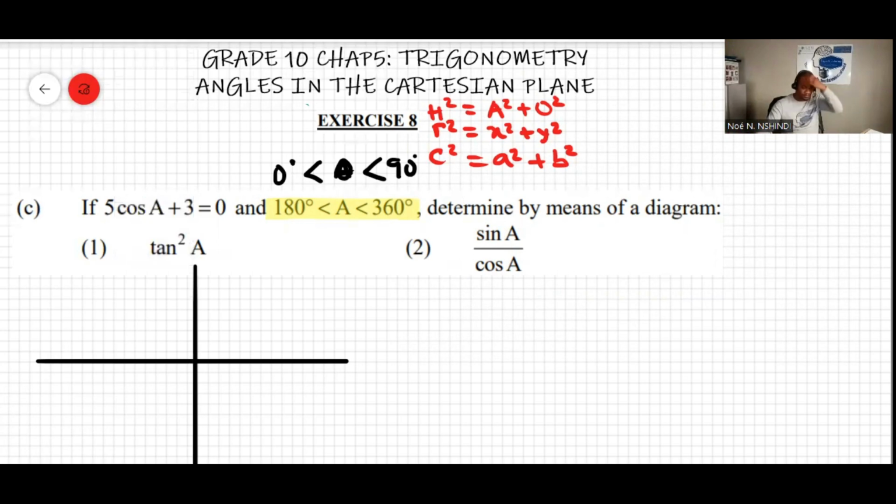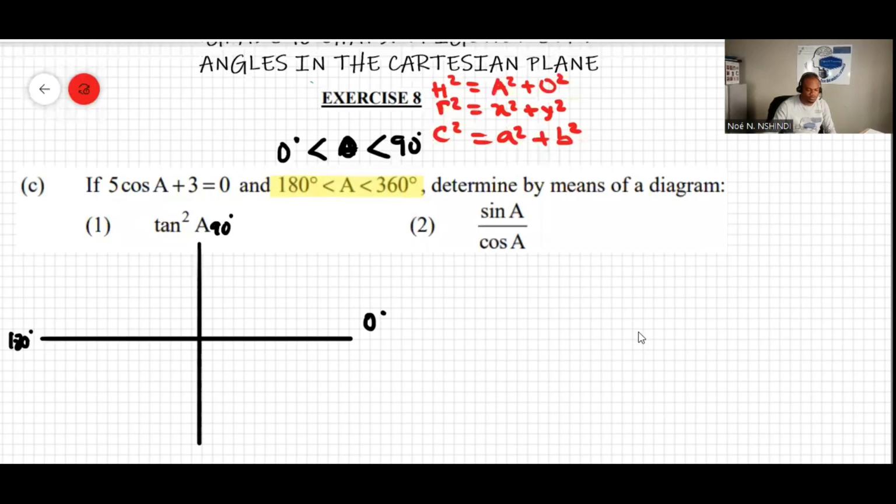You know that over here it's 0 degrees, there is 90 degrees, and then 180 degrees, and then down there is 270 degrees, and then we're back again to 360 degrees.